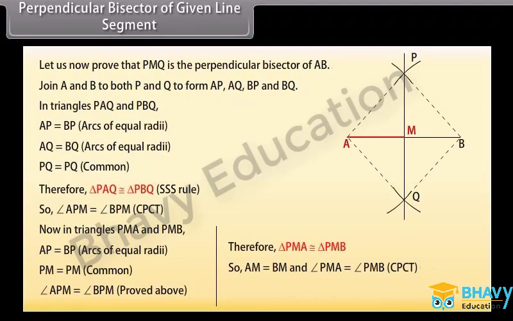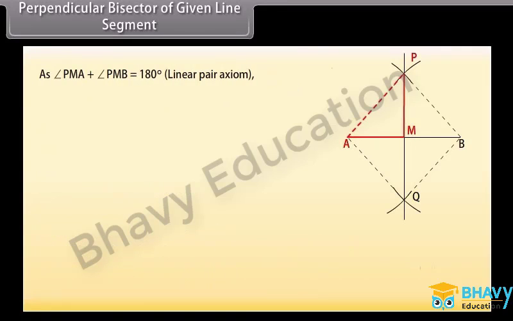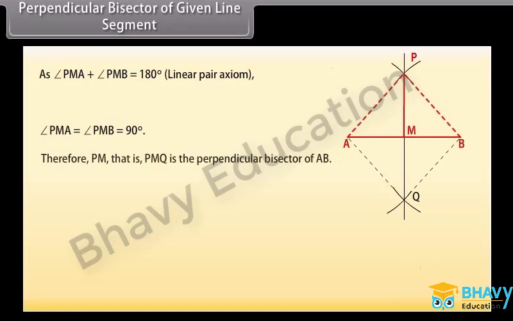So, AM is equal to BM and angle PMA is equal to angle PMB by CPCT. Now by using linear pair axiom, angle PMA plus angle PMB is equal to 180 degree, or we can write it as angle PMA is equal to angle PMB, which is 90 degree. Therefore, PM, that is PMQ, is the perpendicular bisector of AB.